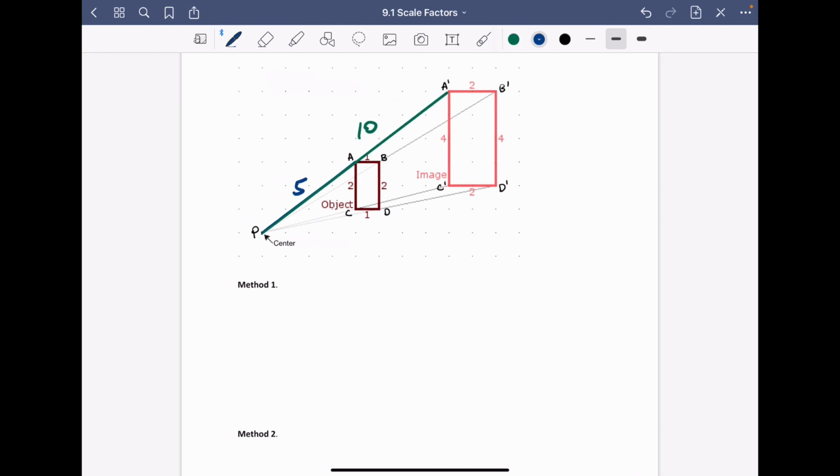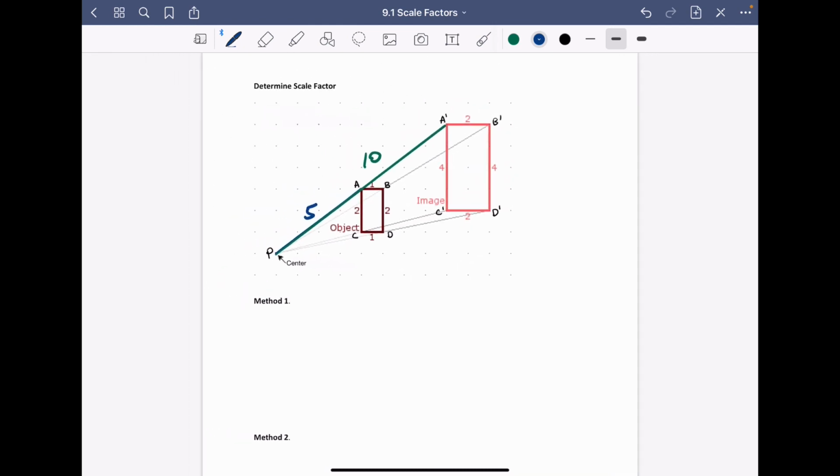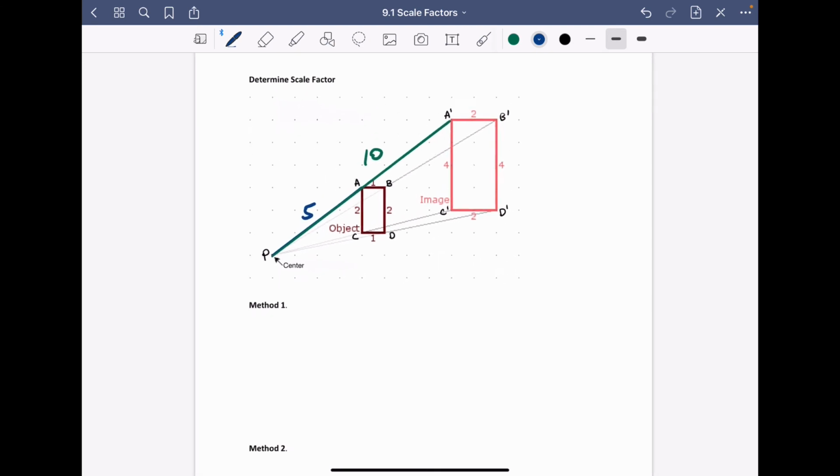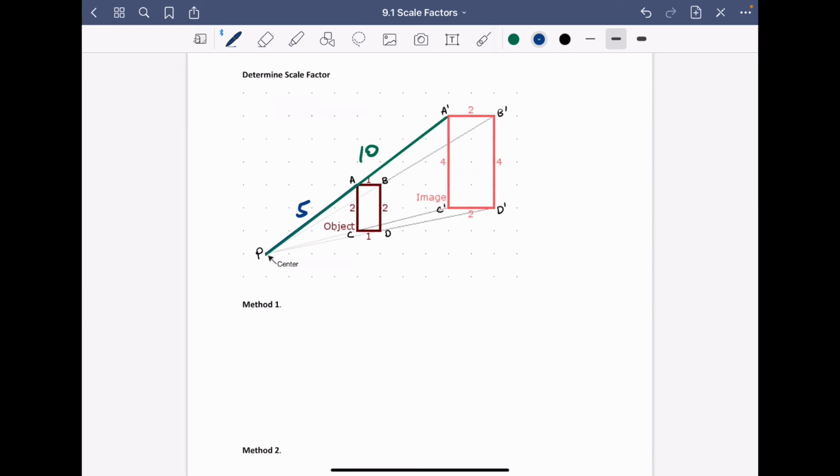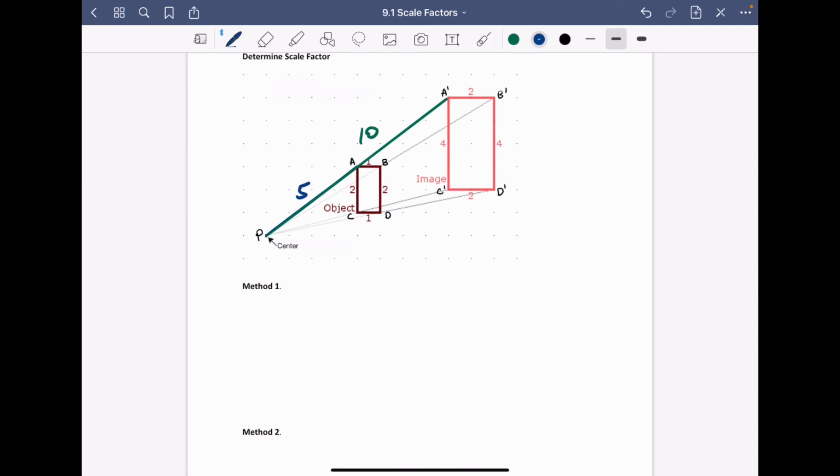So our method one is actually we can measure the distance between the center to each of the points, and the ratio will equal the scale factor. So let me write that down first. So PA over PA prime will equal PB to PB prime, PC to PC prime, PD to PD prime.